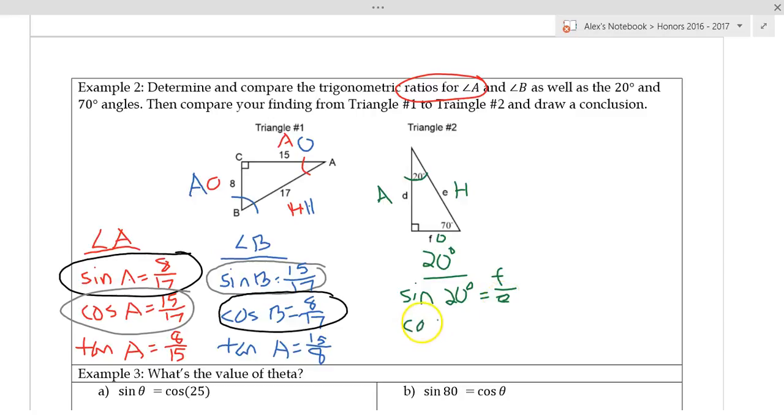The cosine of 20 degrees equals d over e. And the tangent of 20 degrees equals f over g, opposite over adjacent. Just finding all those trig ratios.